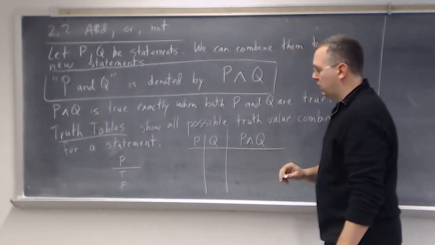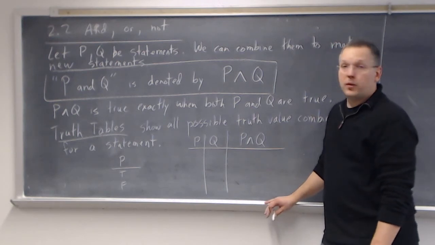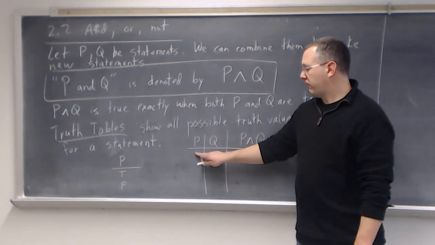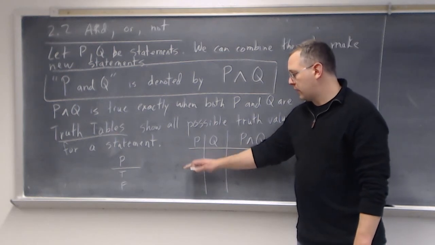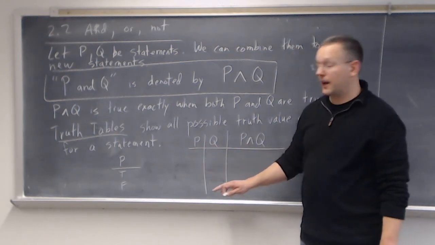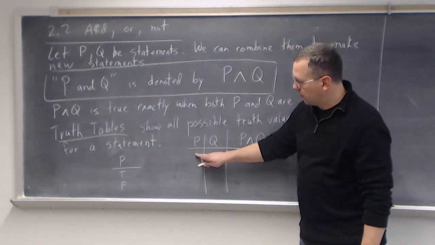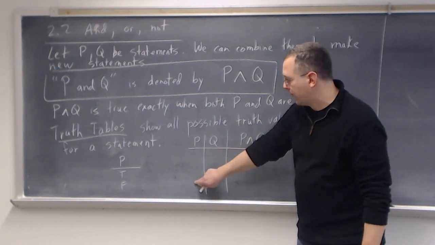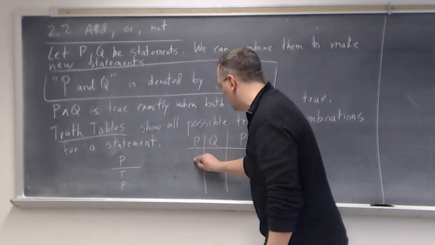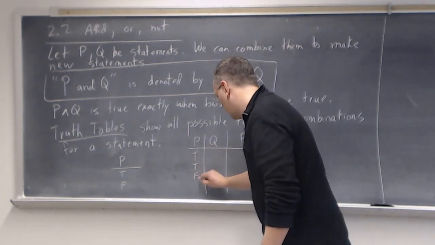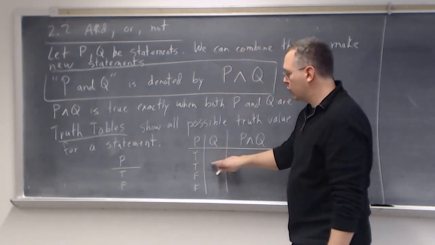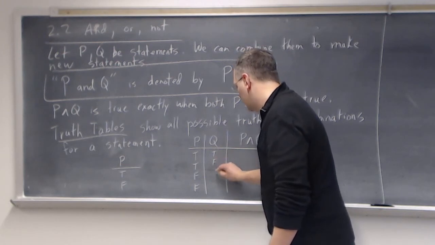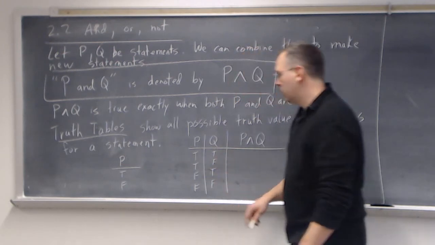Now I'm going to follow the book's notation, so all of our truth tables look the same. I'm going to use the pattern that he uses with two statements: true, true, false, false for the first column, and then alternate true, false for the second column.